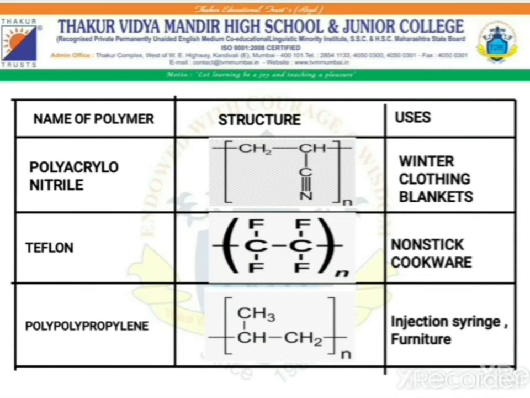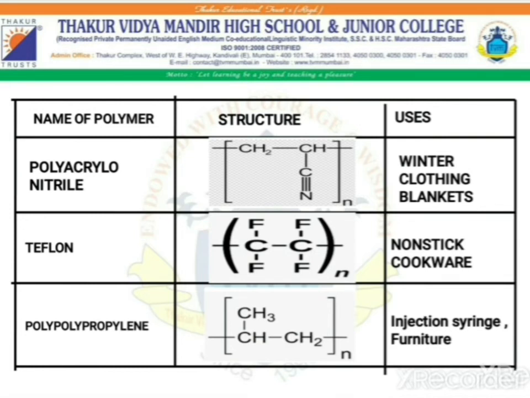So these are examples of polymers which are formed by repetition of a single monomer. These are called homopolymers. The other type of polymers are formed from two or more monomers and they are called copolymers. An example of that is PET, which is commonly called polyethylene terephthalate. So that is about the various polymers and their uses.